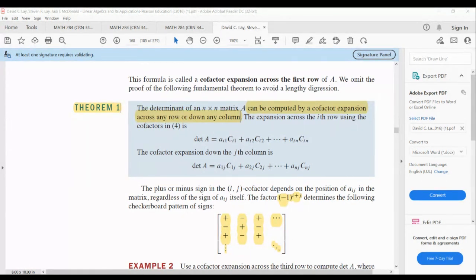It's actually quite nice. So let's look at that example again. And why don't we do cofactor expansion down the second column? I'm not picking the easiest columns to do cofactor expansion on, that's for sure. It's just so we get a little practice.